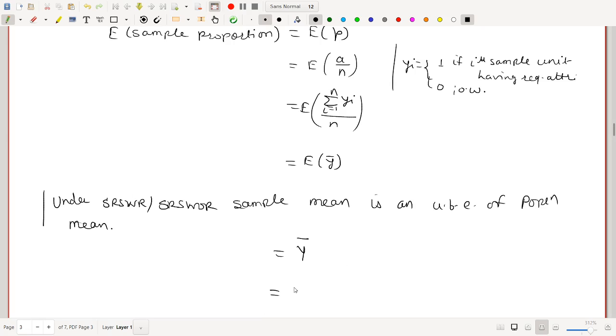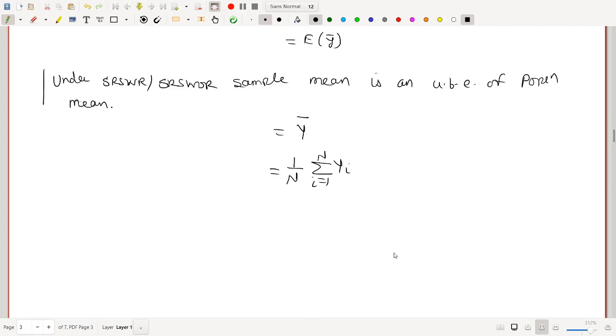Capital Y bar formula is 1 upon capital N, summation i running from 1 to capital N, capital Yi. Here capital Yi is a binary variable, taking value 1 if the ith population unit has the required attribute and 0 otherwise.